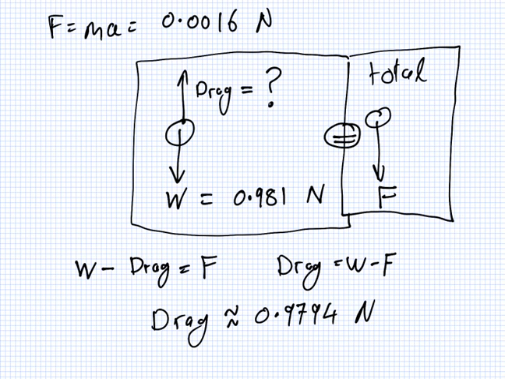So this answer here is only an average, because at the beginning, when the ball is slow, the force is small, and then at the end, when it's going fast, it's bigger. At the start it's 0 and at the end maybe it's like, I don't know.